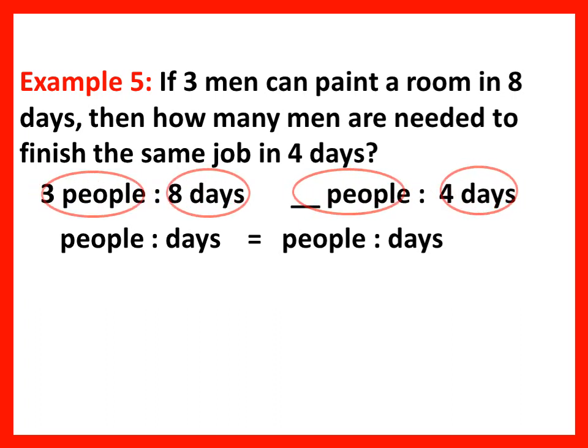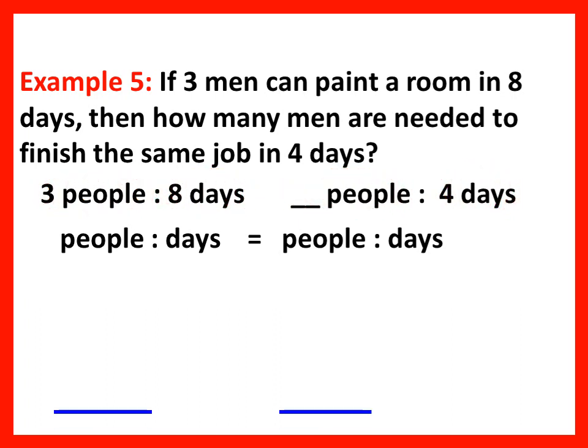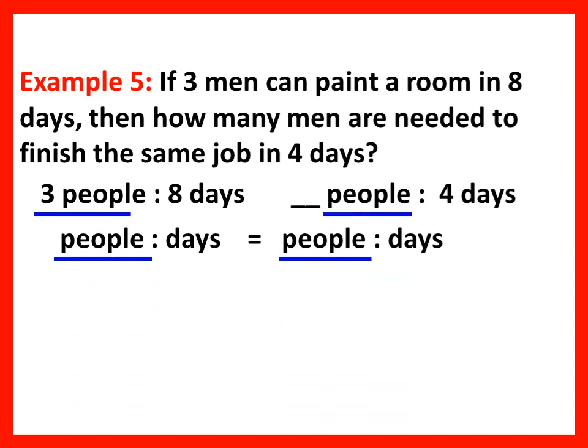Now let us write the given. For people, we have 3 and then blank, so we will use the variable x. For days, we have 8 days and 4 days, so we will have 8 and 4.